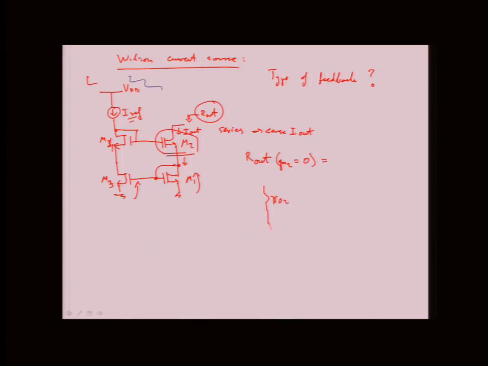And then here we have 1 over GM1, right? There's nothing else. There's no current source. We just killed the current source. So the output is RO2 plus 1 over GM1, which is approximately RO2.